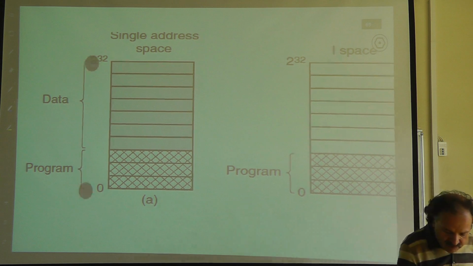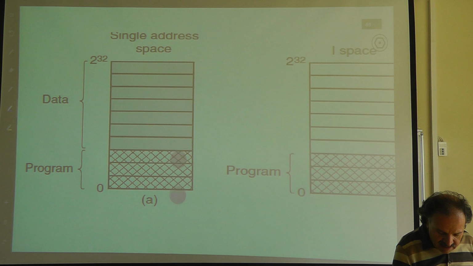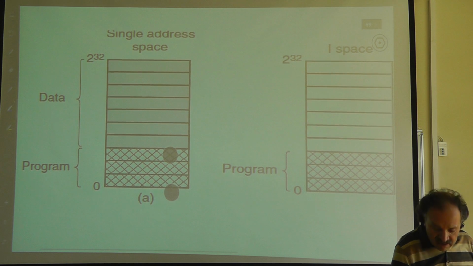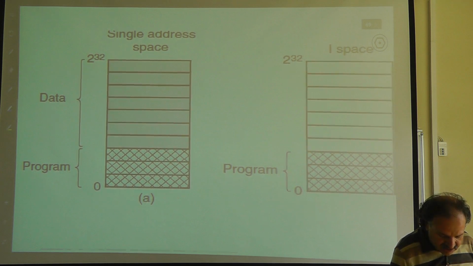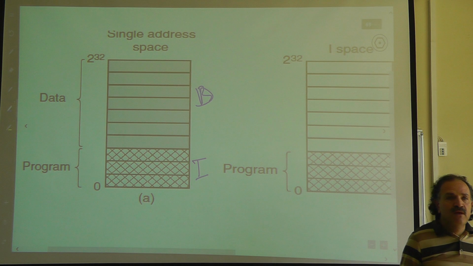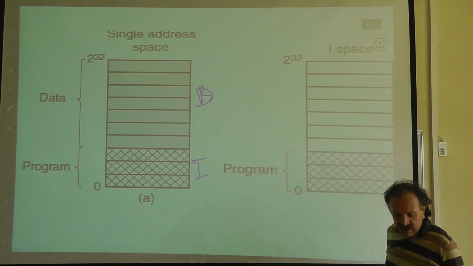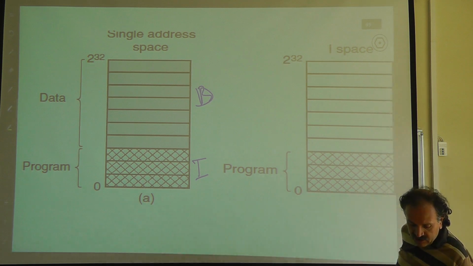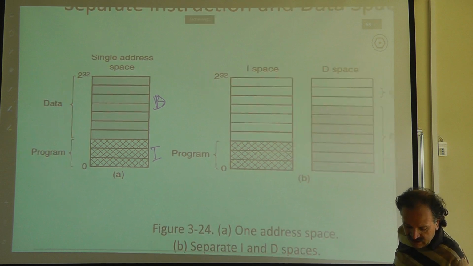4 gigabytes of memory. And at the lower end of the memory, my address space, I keep my program. These are my instructions and these are my data. So if 4 gigabytes is not enough for me to keep all the instructions and the data, then I could do this.